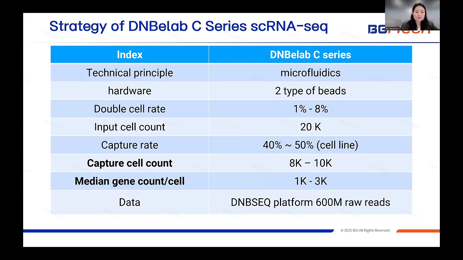The chemical cell count of our platform is between 8,000 and 10,000, and the median gene count per cell is between 1,000 and 3,000. Then we recommend you sequence on our DNB-seq platform with 6 million raw reads per sample.